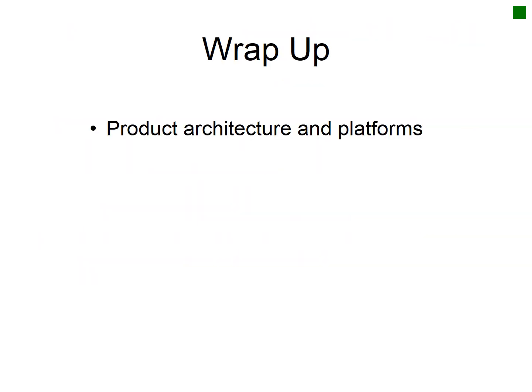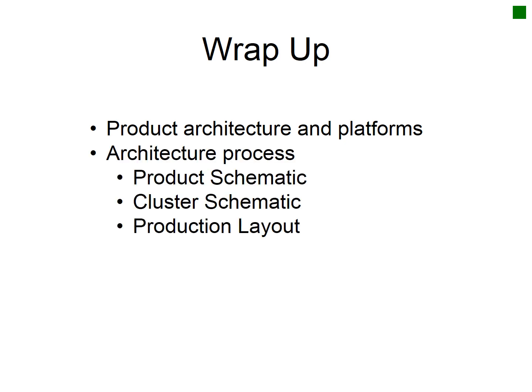So as we wrap this up, we talked a bit about architecture and platforms and the concepts of modules, the architecture process, including a schematic cluster groups of modules, so the clustering schematic as well as the product schematic. And then we had the product layout, and then what's not here is also the interactions, the fourth step. The interactions between modules need to be tested.